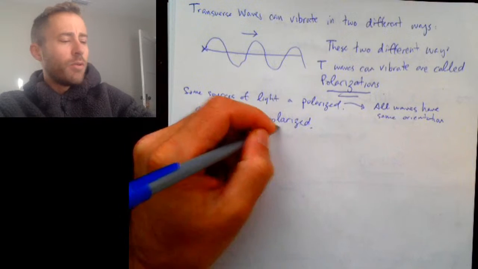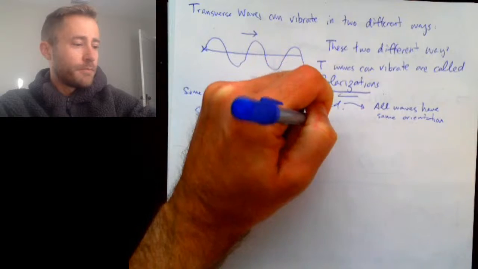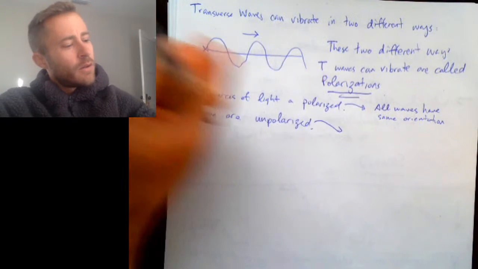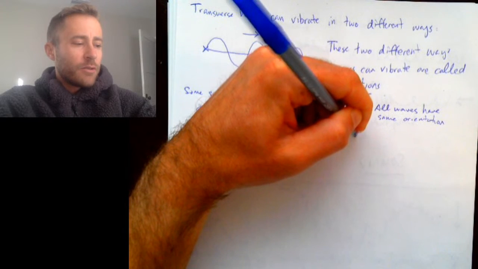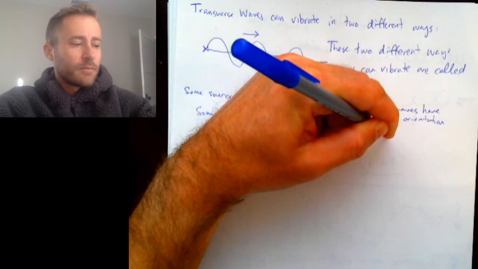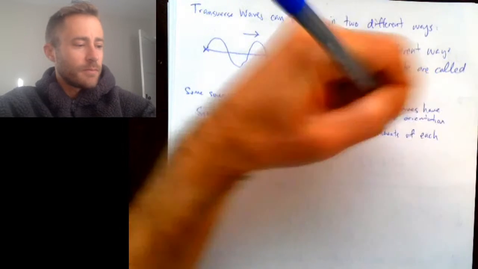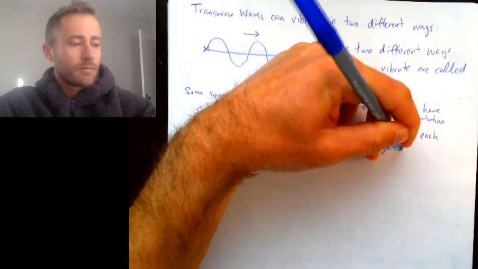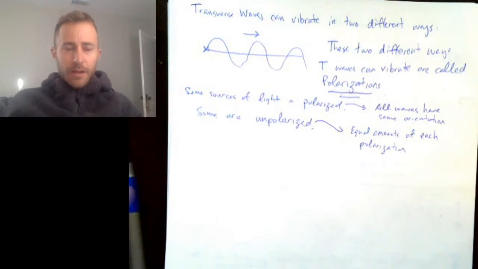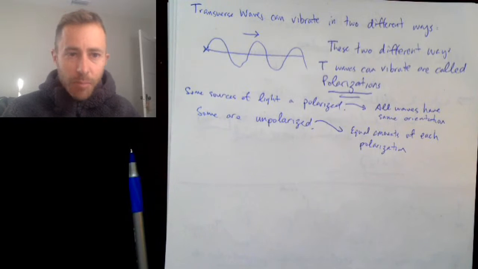All right. To be unpolarized means that you have equal amounts of each polarization. Okay, so for example, the sun is emitting unpolarized light.